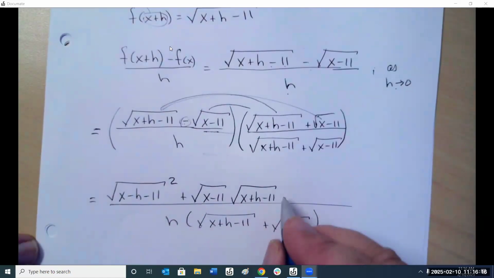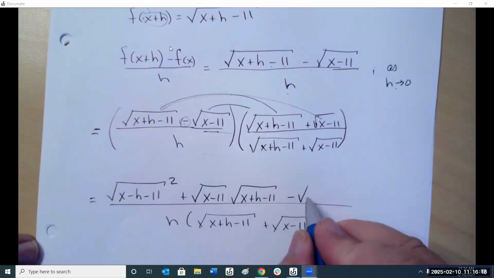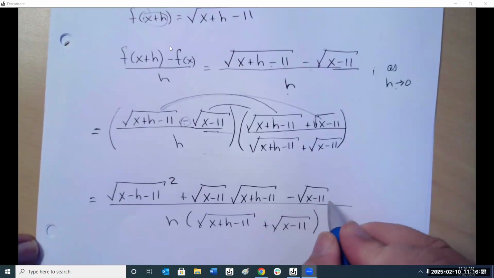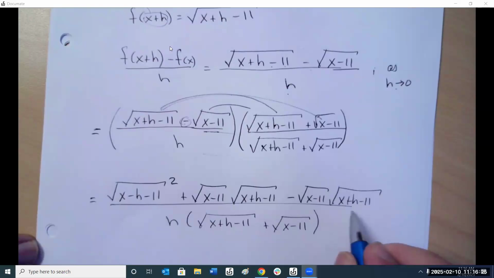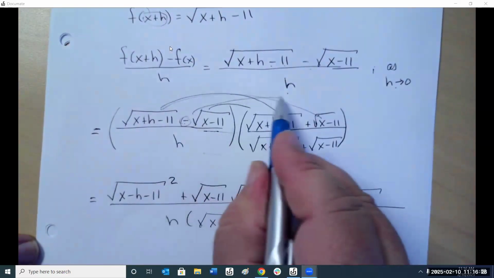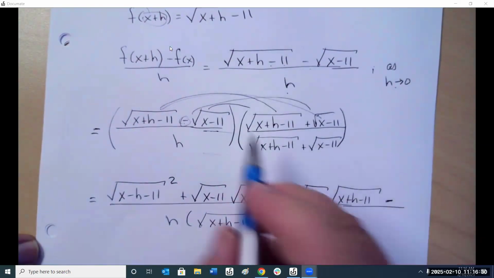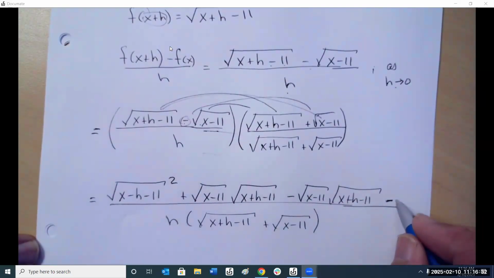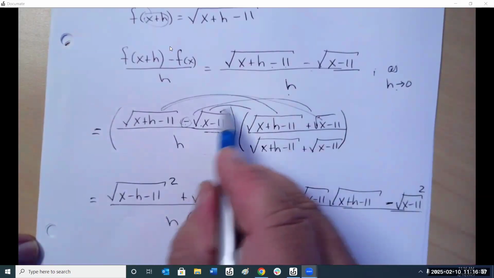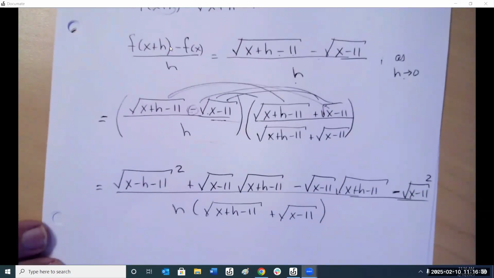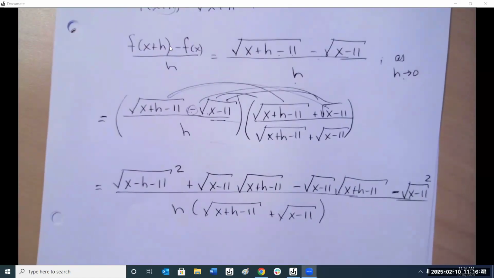Negative, so minus square root of x minus 11 times square root of x plus h minus 11. Negative times positive is negative. Radical x minus 11 squared, that times that squared. That's the hardest part because it's a lot of writing. This is where the mistakes are going to happen.